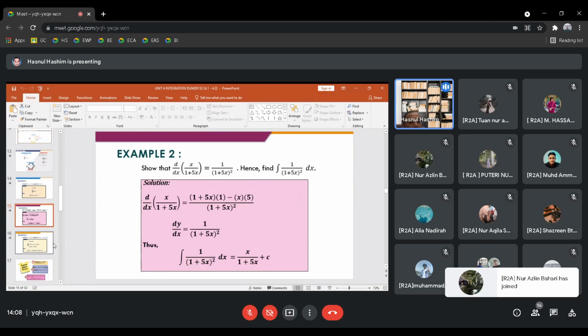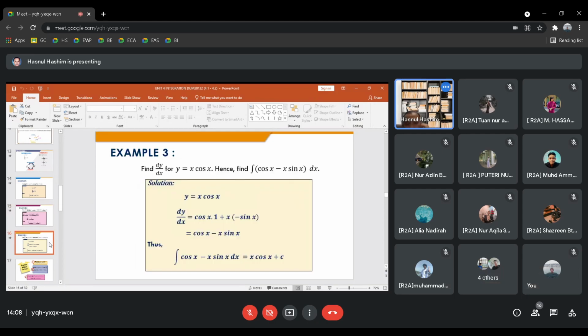Okay, and then we look here: dy/dx for y equals x cos x, hence find the integral of cos x minus x sin x dx. So when we differentiate x cos x, we have cos x minus x sin x. So when we integrate, we have x cos x plus c. So this is antiderivative.